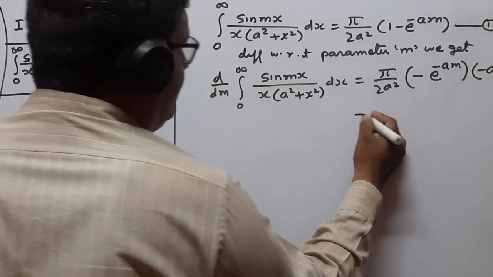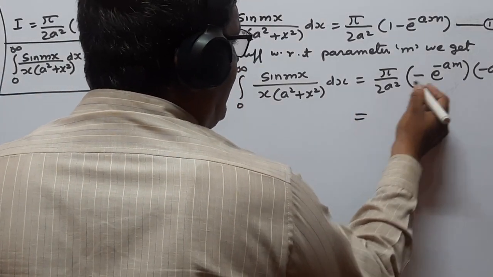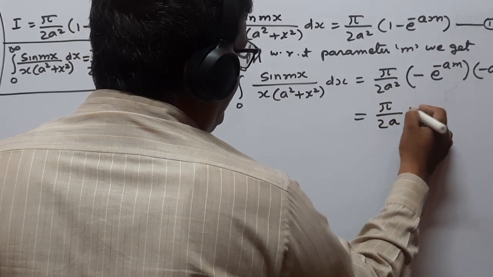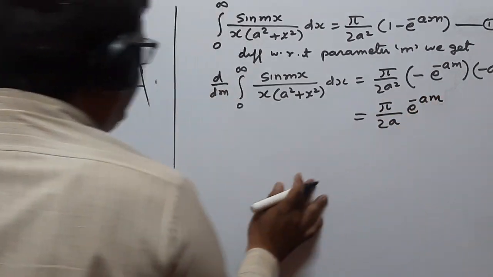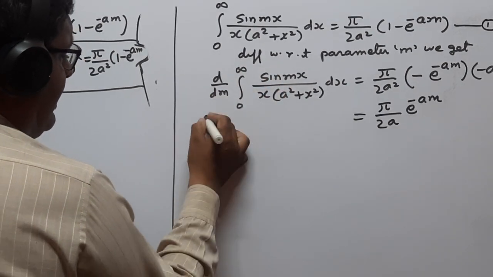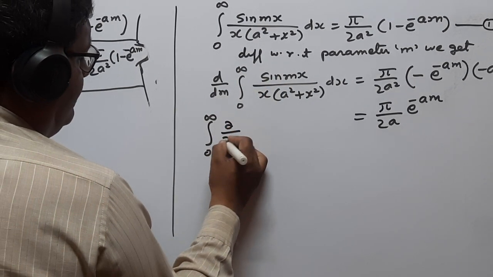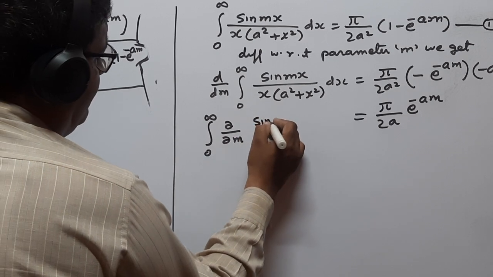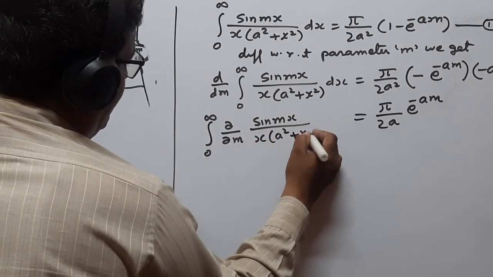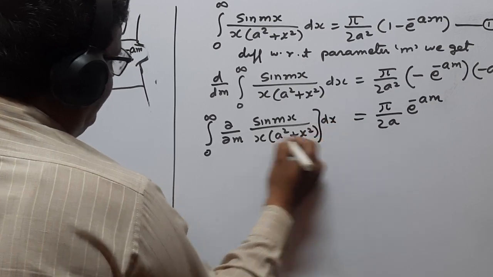Now you can see this a is cancelled by this square and minus times minus is plus, so this is pi upon 2a e to the power minus am. We take the differential sign inside the integral, so this converts to partial, so this will be sin mx upon x multiplied by a square plus x square dx.